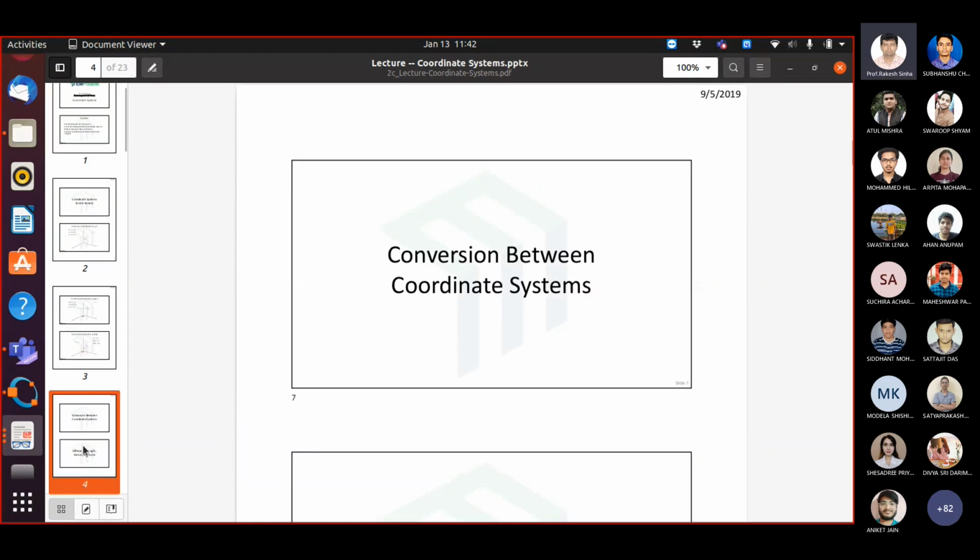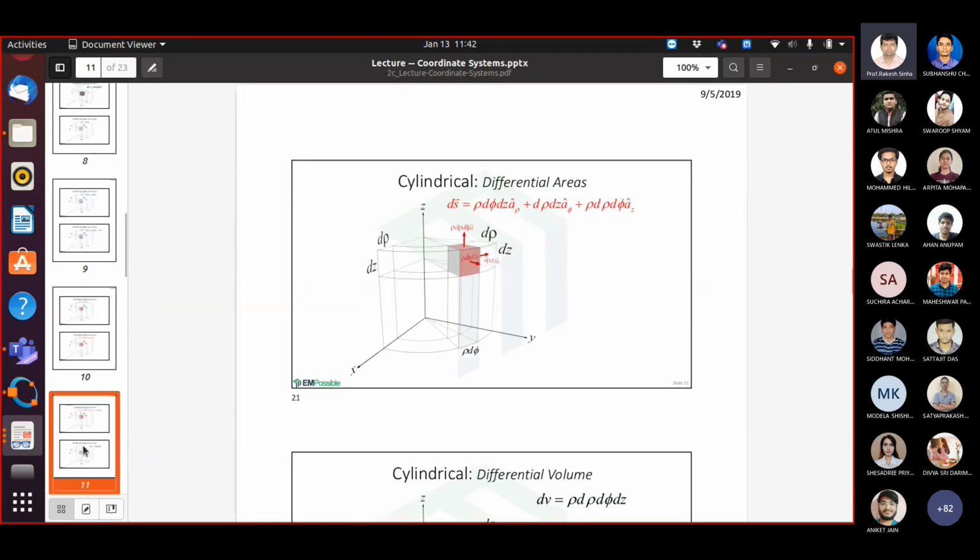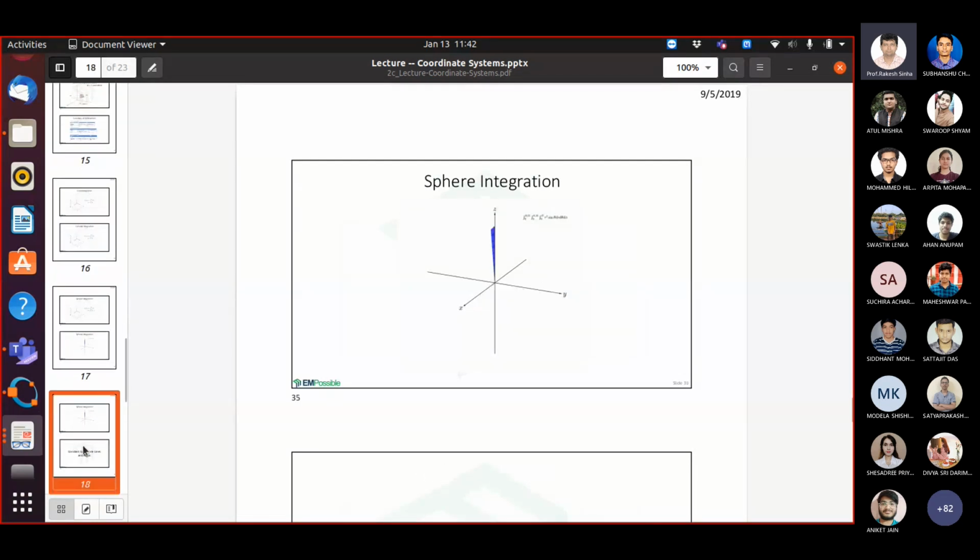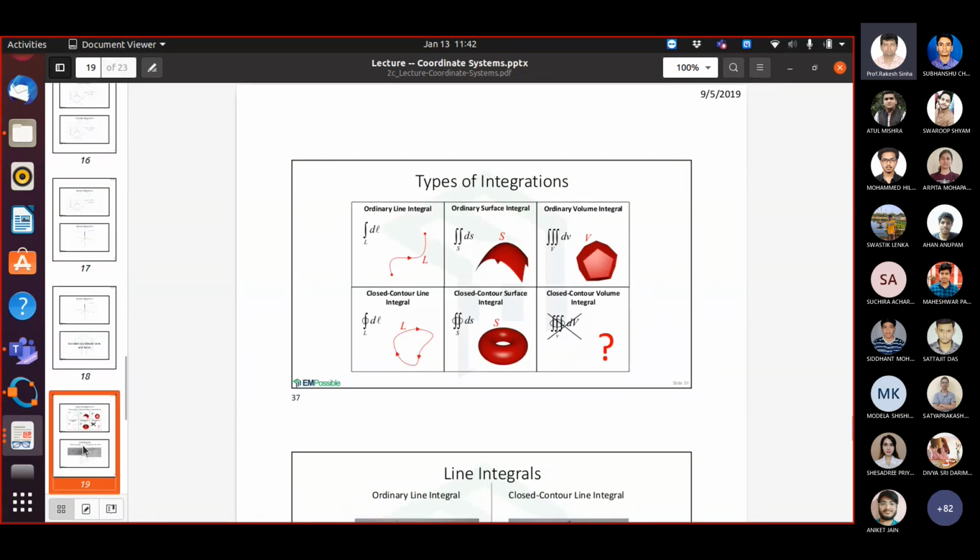Before moving to vector field, you need to understand certain types of integration. There are three types of integrations available. One is line integral.